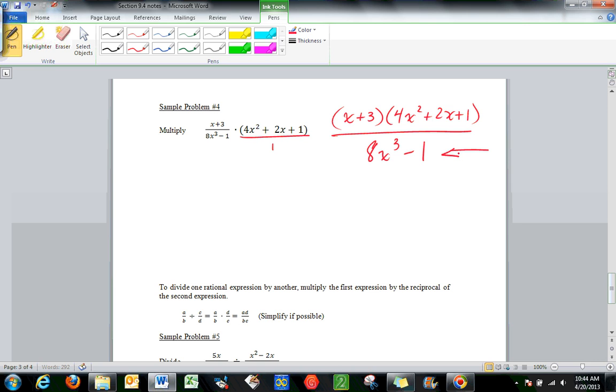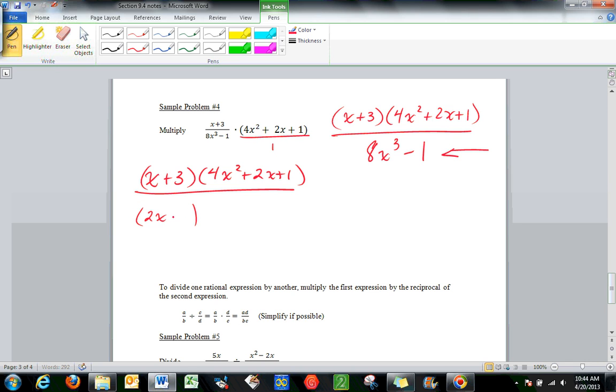If you look at this expression a little bit closer, 8x to the third minus 1, hopefully you recognize that that is a difference of cubes, and since you've learned how to factor difference of cubes, go ahead and do that process. So I'm going to go ahead and just rewrite the top terms, and then I'm going to factor out the difference of cubes. And so here's how it looks.